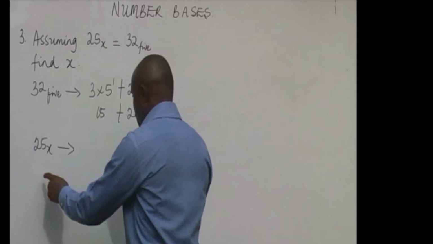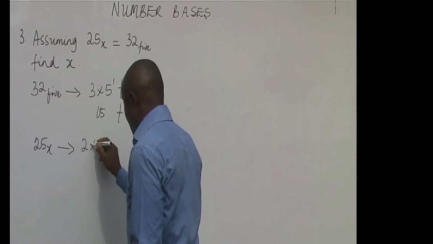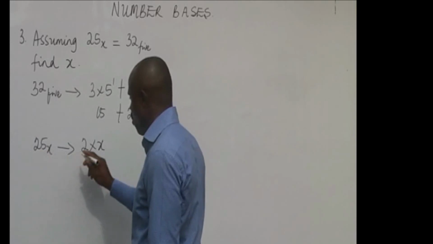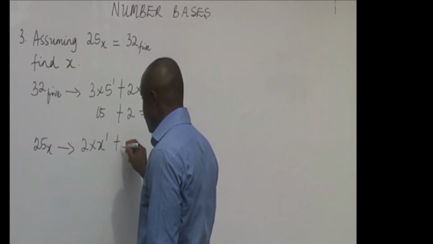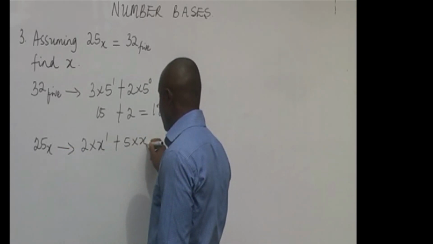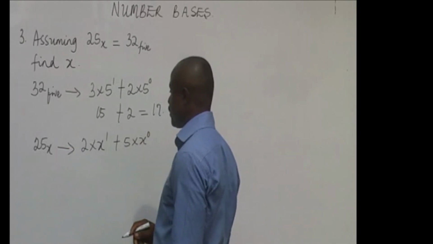It's going to give you 2 times x, because the base is x, exponent 1, plus the next digit 5 times its base x, exponent 0.